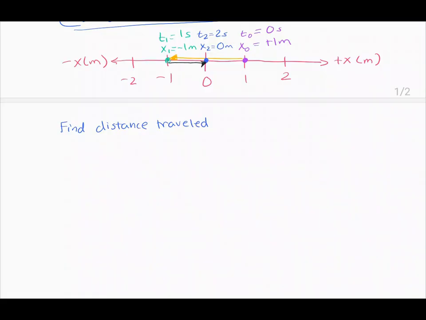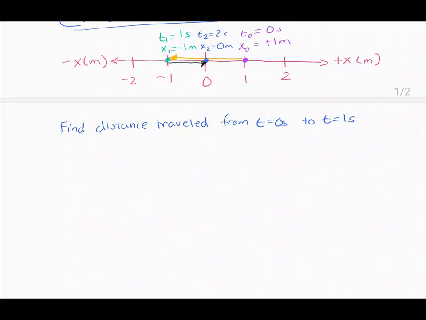Actually, I just want to do the first second. So I'm going to find distance traveled from t equals 0 seconds to t equals 1 second. So from t equals 0 seconds, where I start off here at the purple point, to t equals 1 second, that motion is that orange arrow.